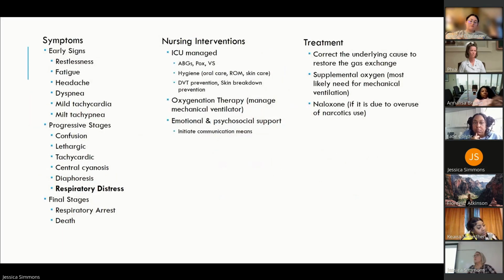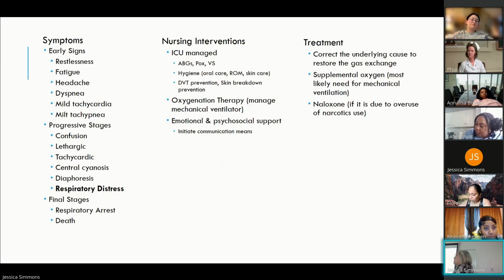So your symptoms, we have early symptoms, we have progressive stages, and then we have final. So in our early symptoms, we have restlessness, fatigue, headache, dyspnea, mild tachycardia, mild tachypnea. So this is your body's first response to being hypoxic.